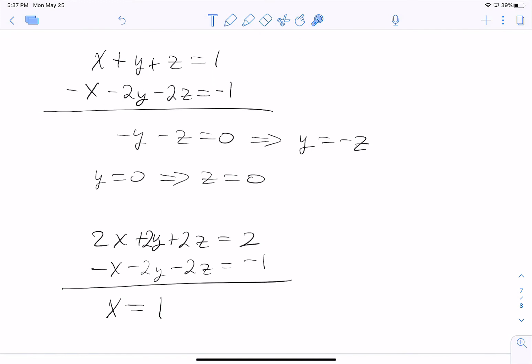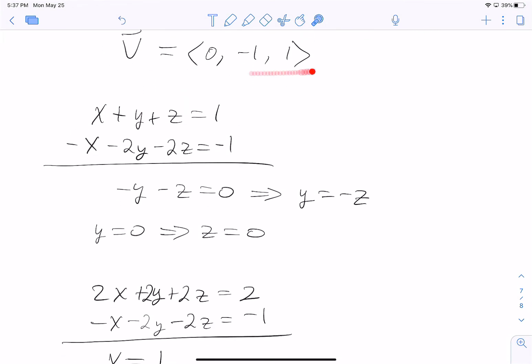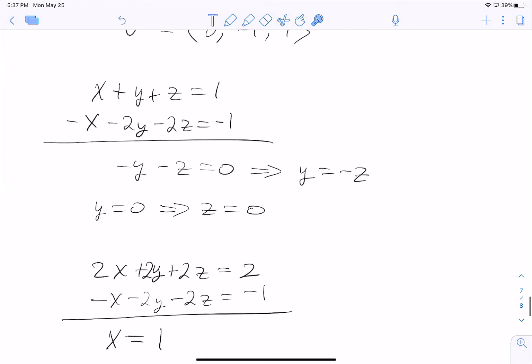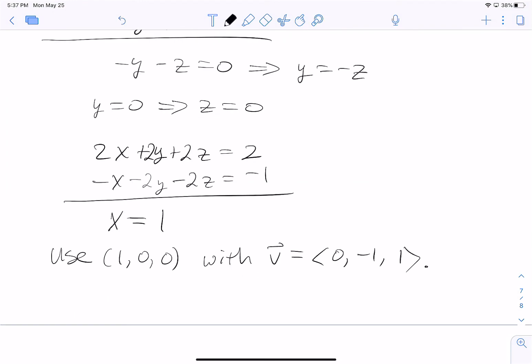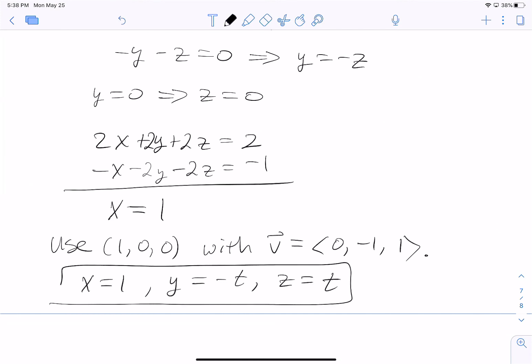Therefore, we can use the point (1, 0, 0) together with our vector (0, -1, 1). We wanted parametric equations for the line of intersection, and so x is going to equal 1, y equals -t, and z equals, well, 0 + 1t, so t. Those are our parametric equations.